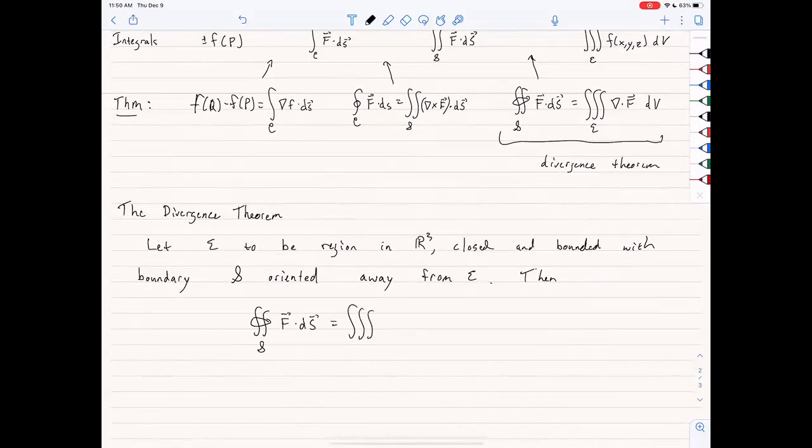But let's assume F is nice. I'm going to make all of those blanket assumptions. But I should probably say where F is differentiable in E. So it's defined, it's differentiable.